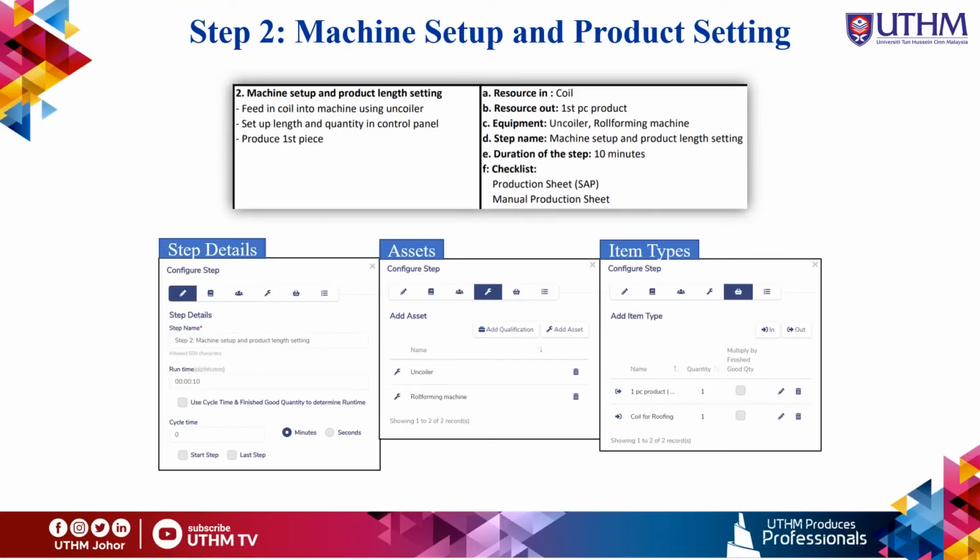Step 2 is machine setup and product length setting. As you can see, we have briefly explained in the table: fit the coil into the machine using the uncoiler, set up length and quantity in the control panel, and produce the first piece. Resource in is coil, resource out is first piece product.